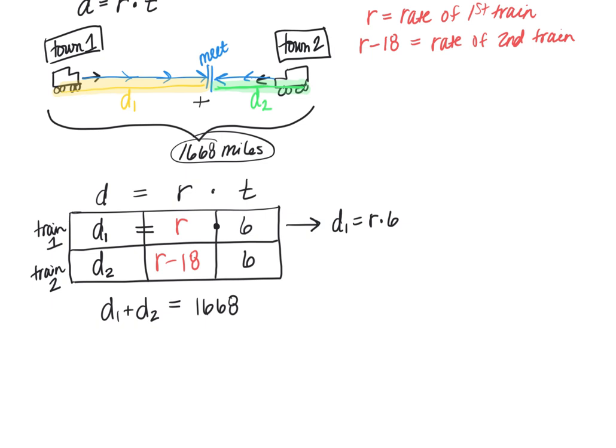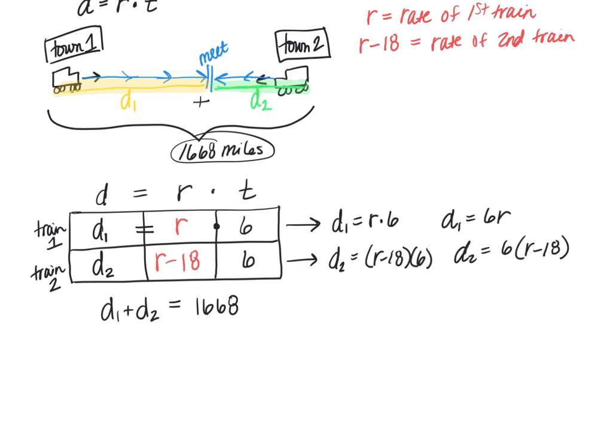That's R times 6. And if you reorder that, because most of you probably like to put the coefficient in front, that means D1 is equal to 6R. Let's do the same for the second row. The second train's distance, D2, is equal to its rate, R minus 18, times its time, which is also 6. Once again, most of you probably want to reorder that and put the 6 in front. So 6 times the quantity, R minus 18.